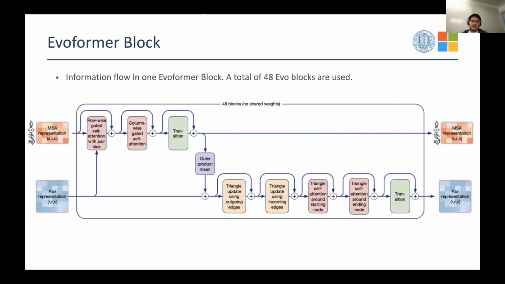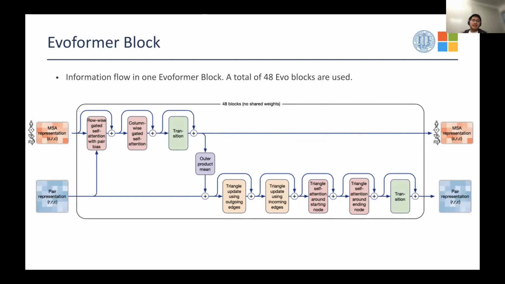This is the decomposition of one Evoformer block, how they do this entire encoding process. So let me point out the input and output. They are exactly the same: the MSA representation matrix and the pair representation matrix, with dimensions S by R by C and R by R by C. R is the residual, S is the number of sequences, C is the channel.